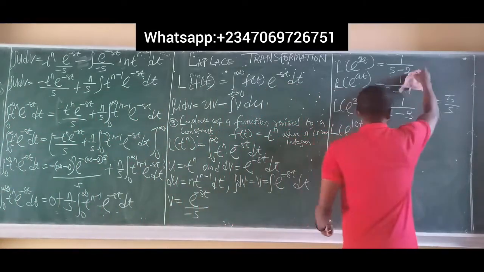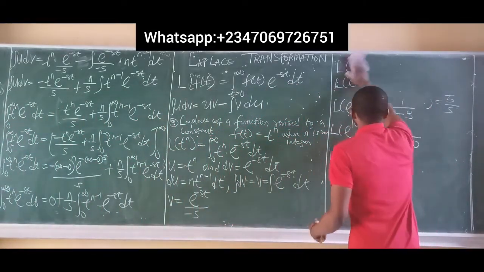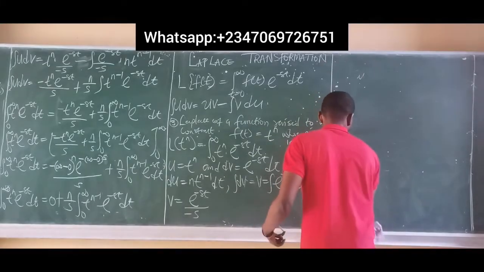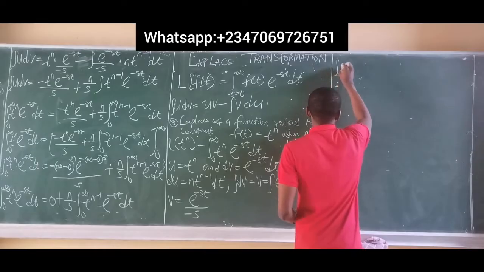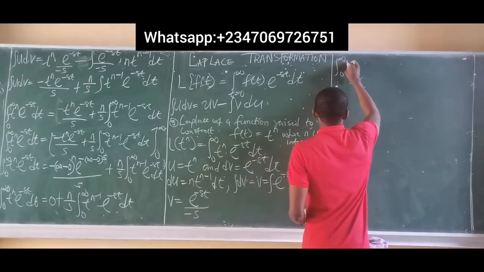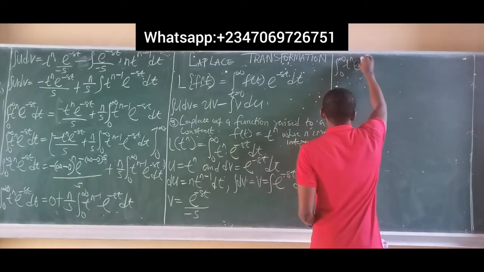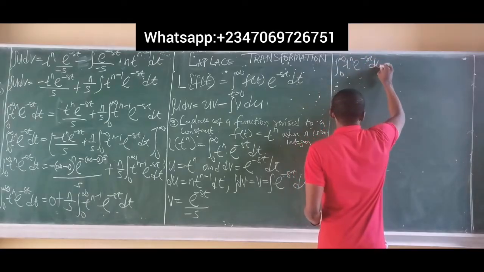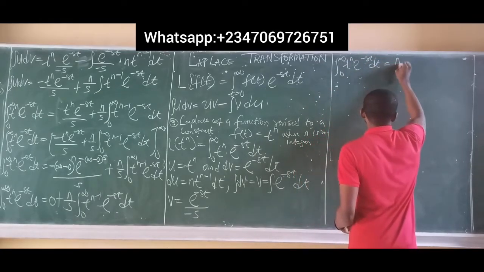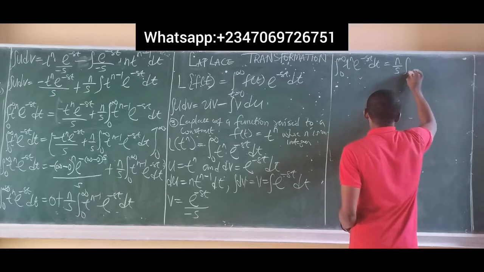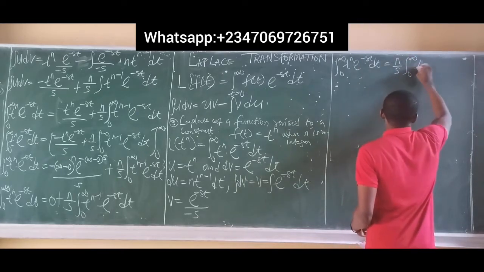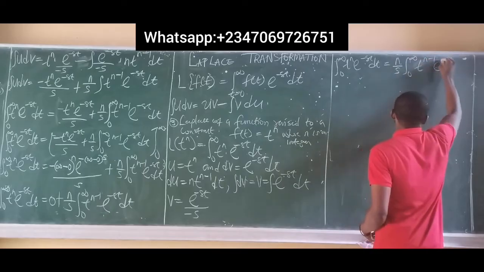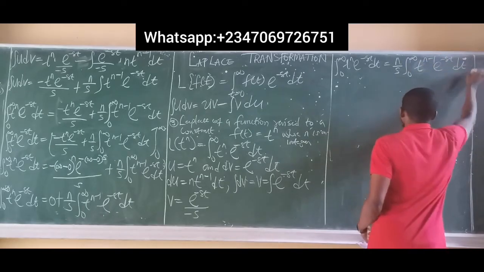If we add that with 0, we obtain that the integral from 0 to infinity of t to the power of n exponential minus st dt is now equal to n all over s integral from 0 to infinity t to the power of n minus 1 exponential minus st dt.